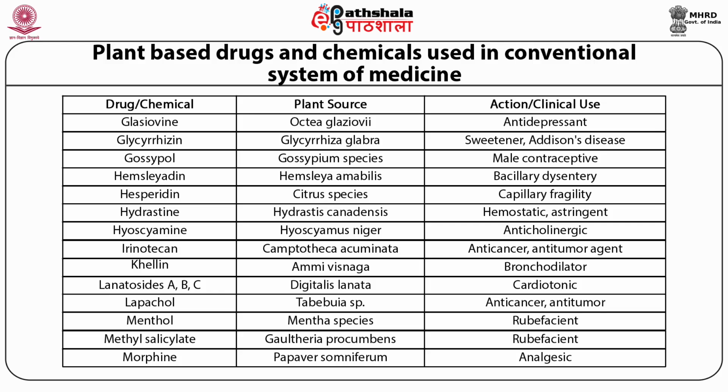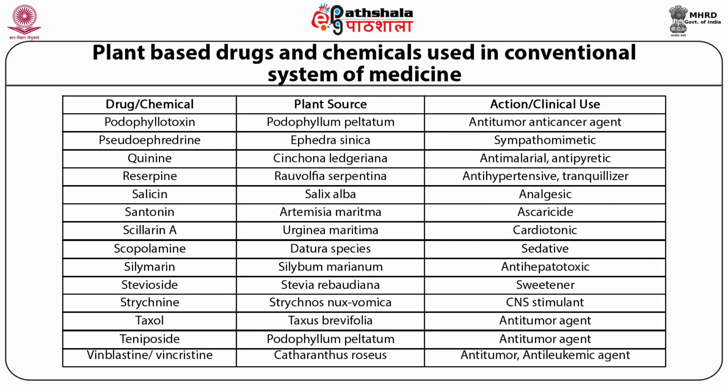We have discussed it. It is obtained from Papaver somniferum, and it still remains a gold standard for analgesic substances. It has been used as a prototype for several other analgesic substances with lesser side effects.